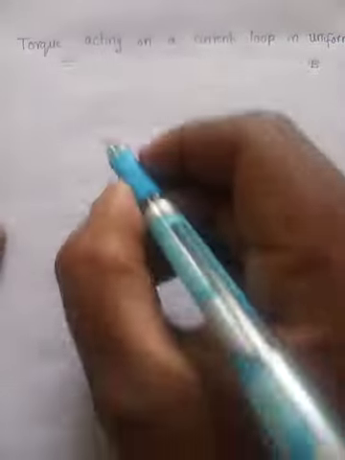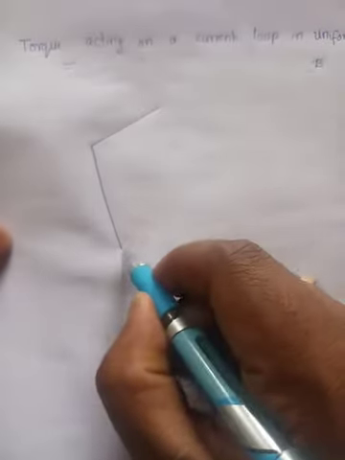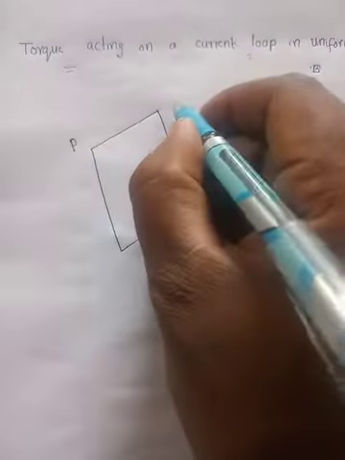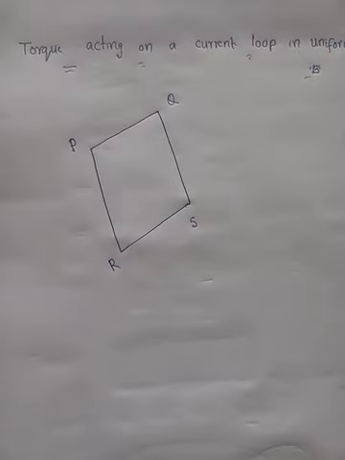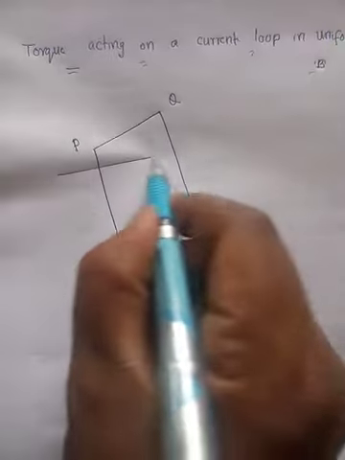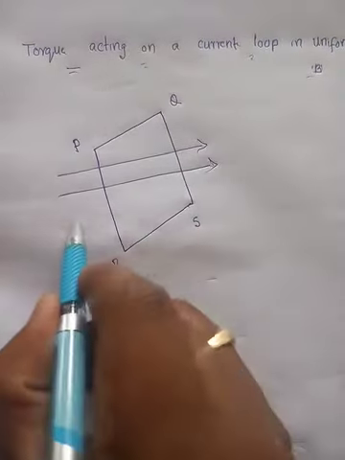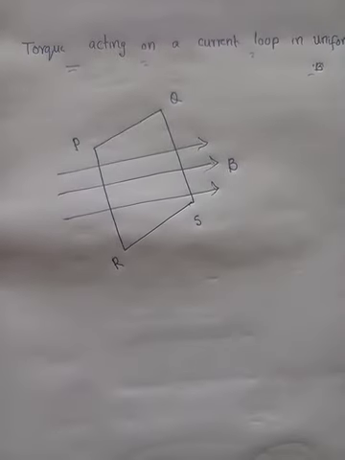Let us take a rectangular loop. The name of this rectangular loop is PQRS, and we apply some uniform magnetic field.